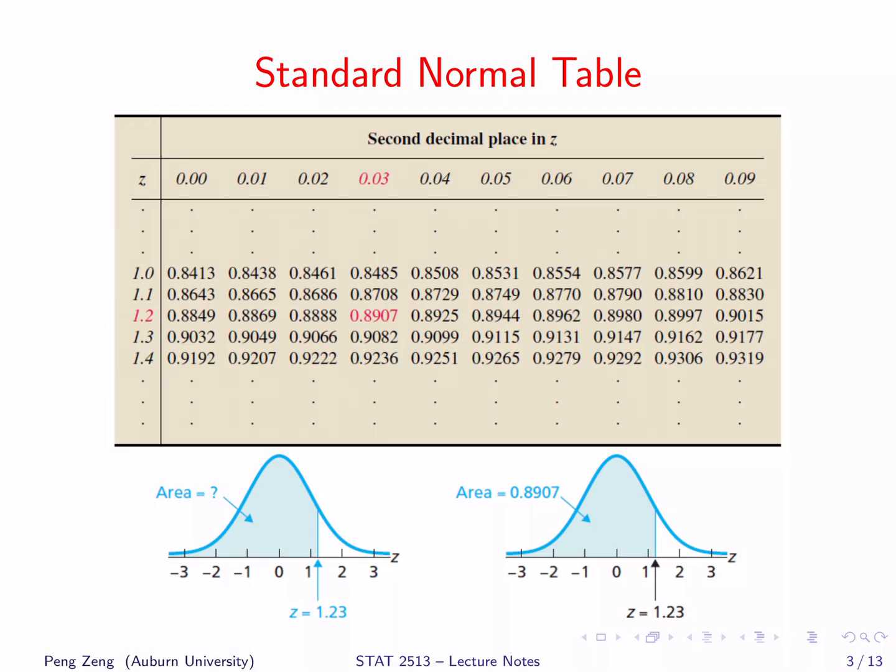Then the value of z is their sum, or 1.2 plus 0.03 equals 1.23. So we can use the standard normal table in two different ways. Firstly, find probability for given z. Secondly, find z for given probability.